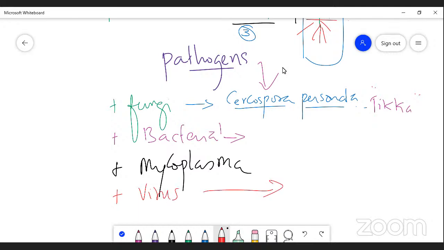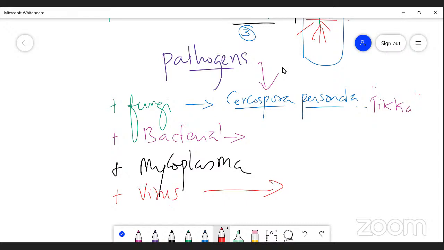These are all pathogens, but except for virus, the other three pathogens can be controlled by using so many chemicals. Fungal disease can be controlled, bacterial disease can be controlled, and mycoplasma disease can also be controlled, but viral disease cannot be controlled by using any fungicide or chemical agent involved in controlling and killing these microorganisms.